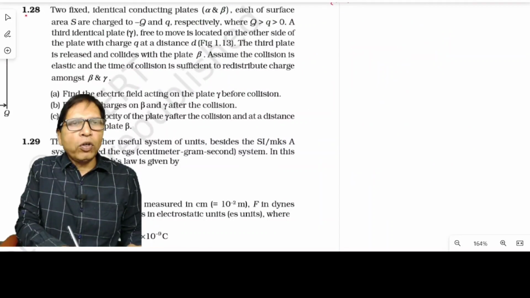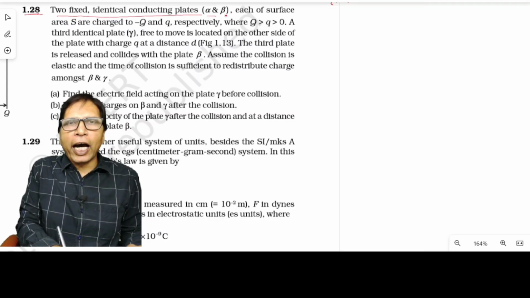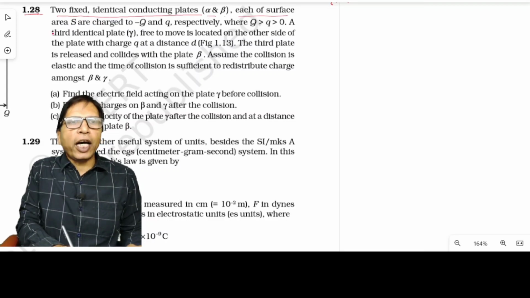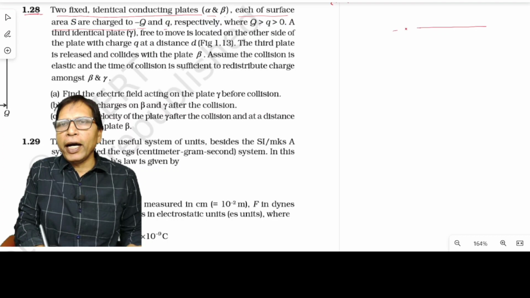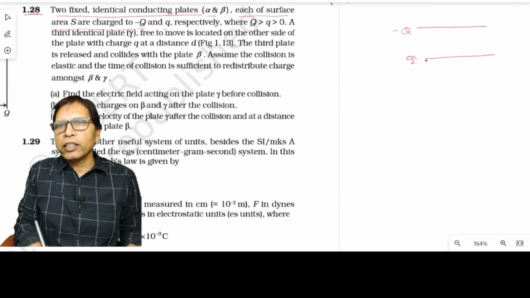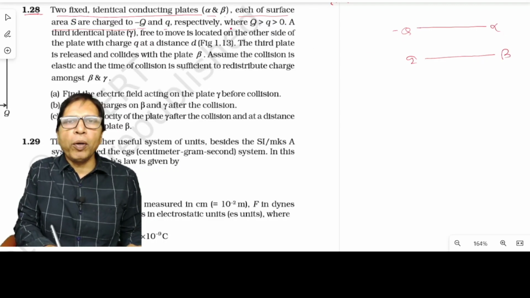Okay. Now look at this question number 1.28. Two fixed identical conducting plates alpha and beta, each of surface area S, are charged minus q and q. Look at this, this is minus q and this is q. This is alpha and this is beta.